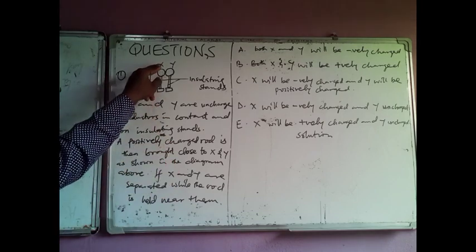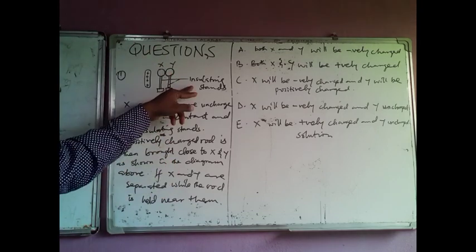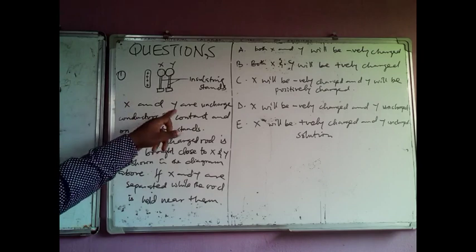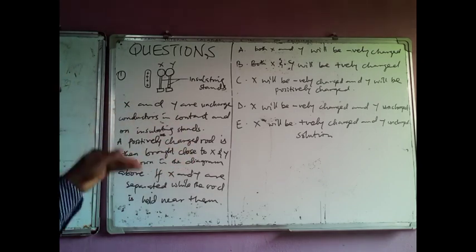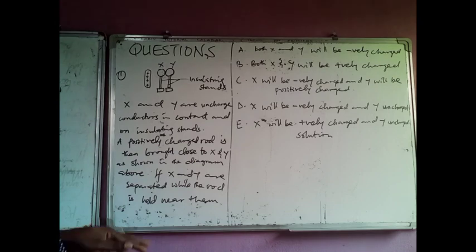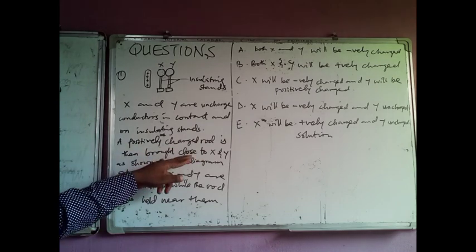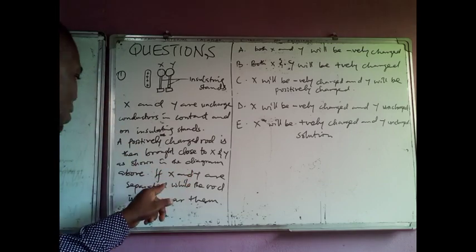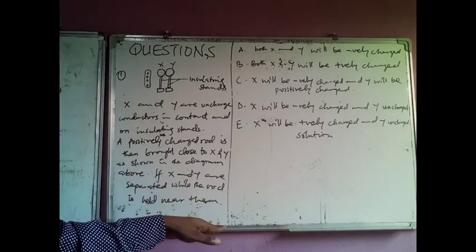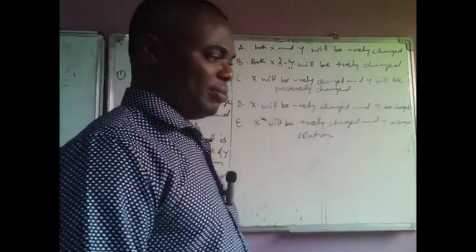Then these are two uncharged bodies on an insulating stand. Let's say X and Y are uncharged conductors in contact and on insulating stands. A positively charged rod is then brought close to X and Y, as shown in the diagram above. If X and Y are separated while the rod is held near them, what happens?